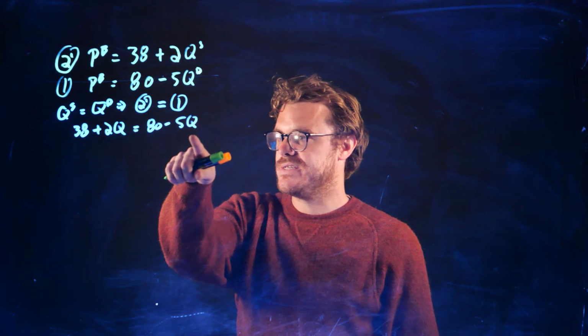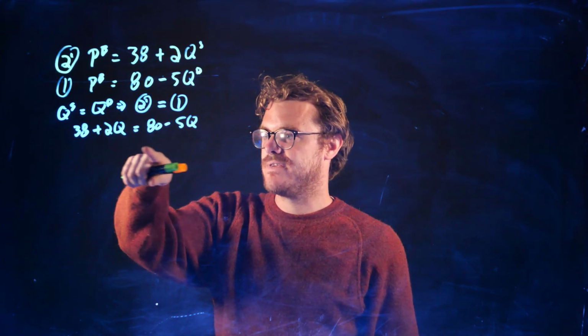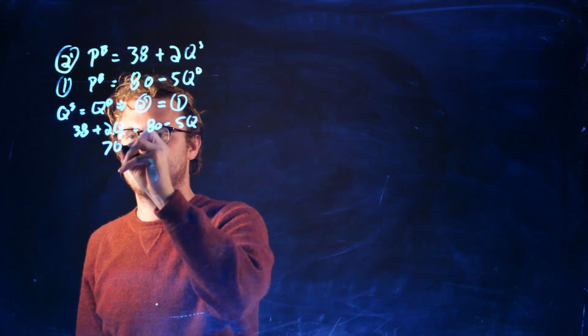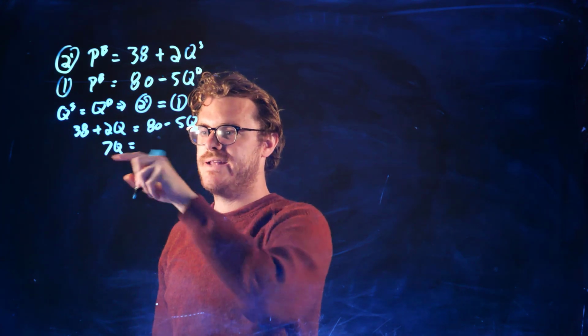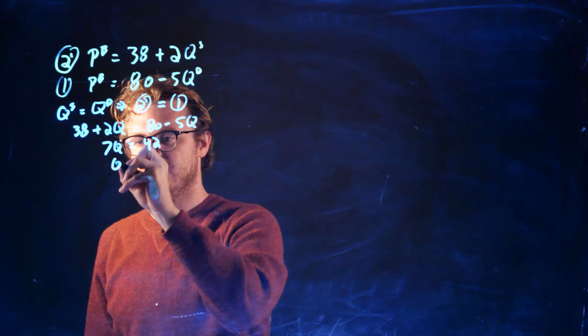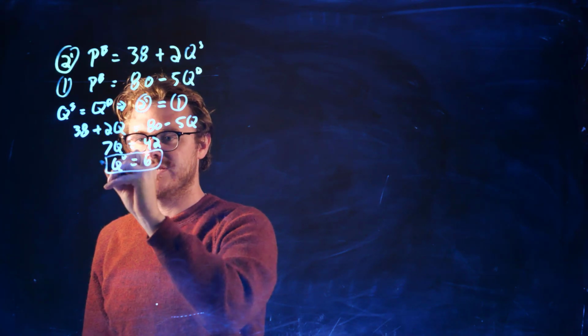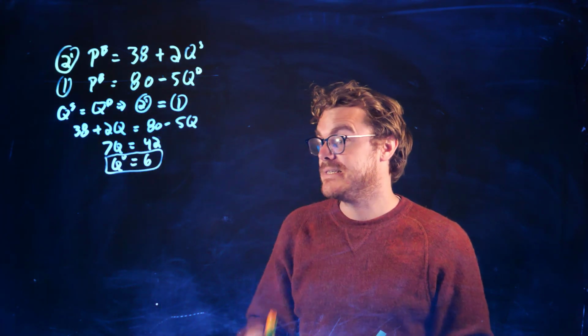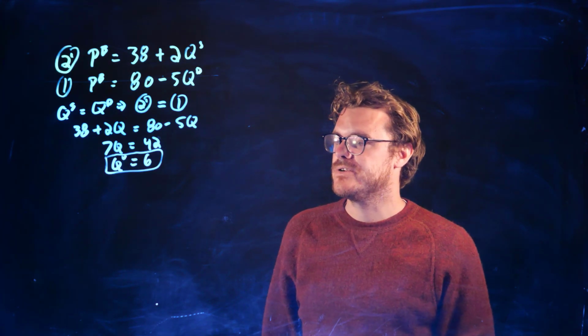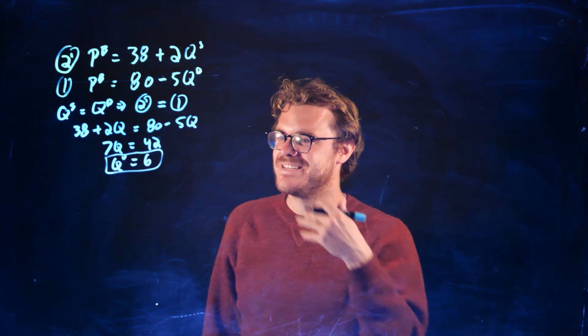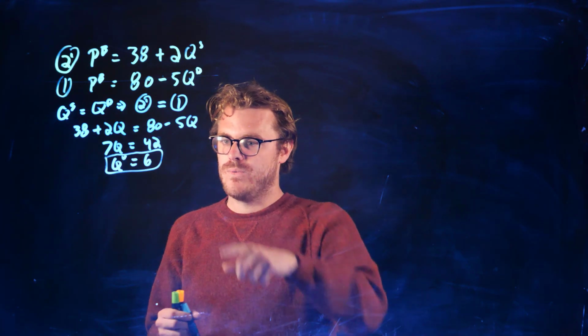So again, we could move this 5Q over to get 7Q equals 80 minus 38, which is 42. So now Q star equals 6. So notice that quantity has gone down in equilibrium now. It used to be 8 million liters a month or whatever it was. Now it's 6.